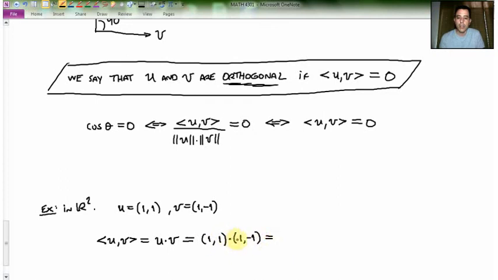This is 1 minus 1, that's 0. So u and v are orthogonal.